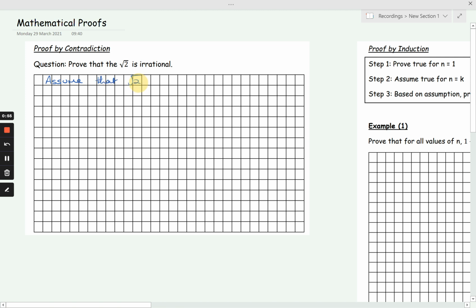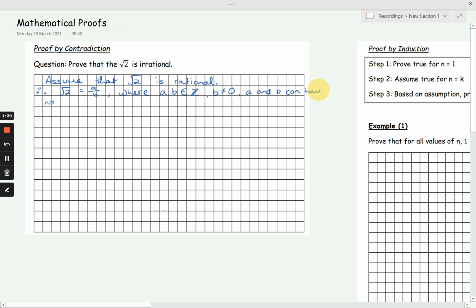Now we have to consider what that means. If a number is rational, we can say therefore the square root of 2 can be equal to a over b, where it can be written as a fraction a over b, where a and b are integers, which means they're elements of Z, where b cannot be equal to 0 because we cannot divide by 0 in a fraction, and a and b can have no common factors.